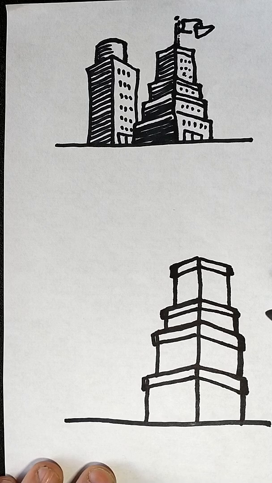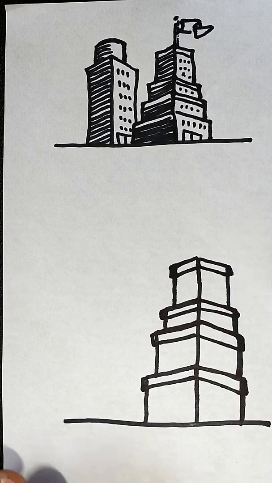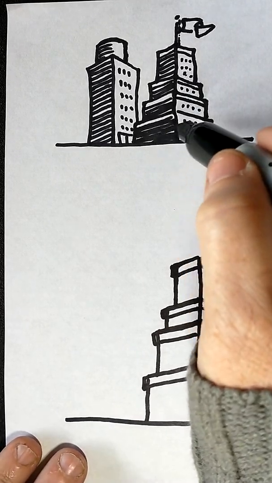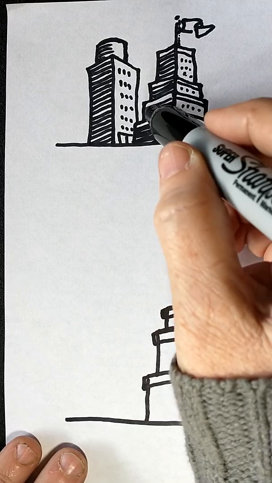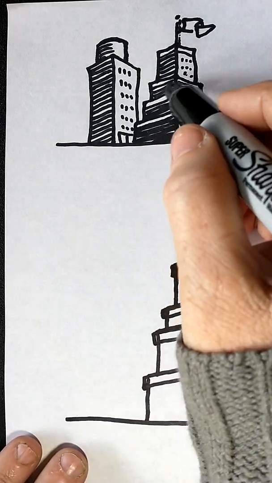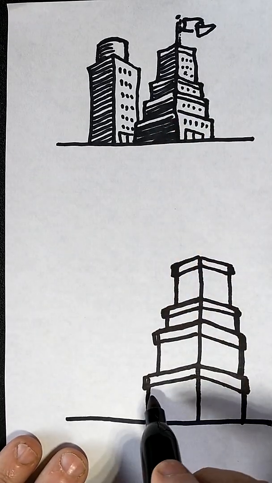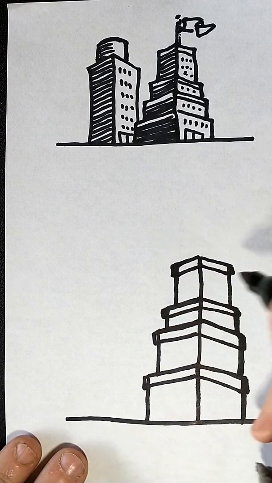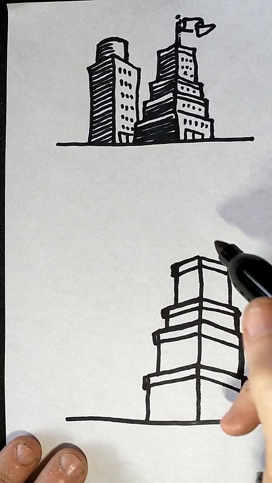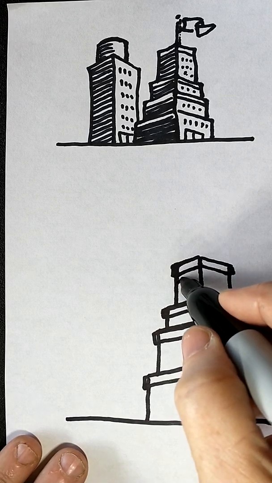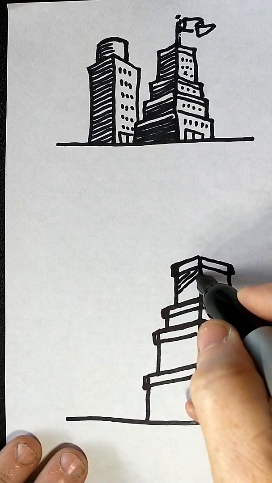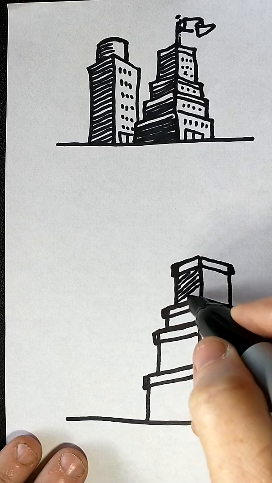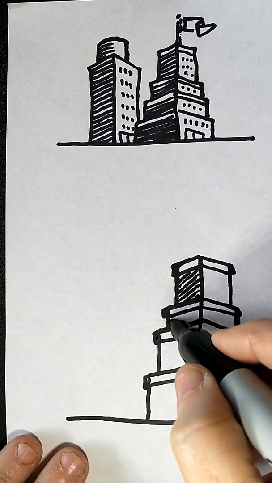And then on one side, I'm going to do shading. So in my example, my shading was parallel to the line I'm working with, but you can also do a diagonal line. So I guess I'm just going to do a diagonal line on the side.